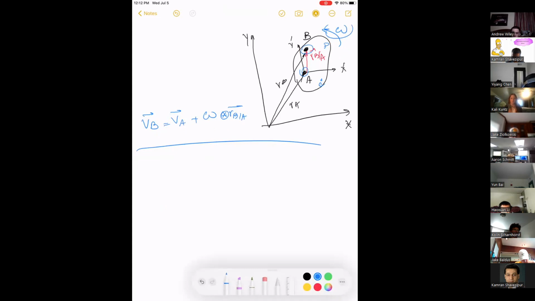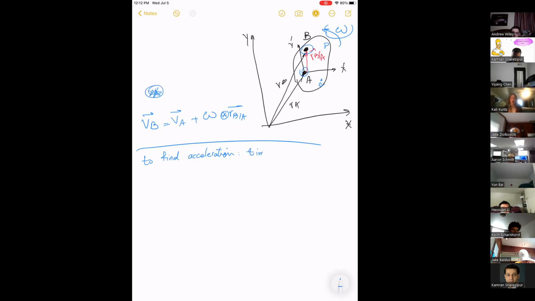Now to find acceleration, we need to take the time derivative. Let's say I call this equation a star.